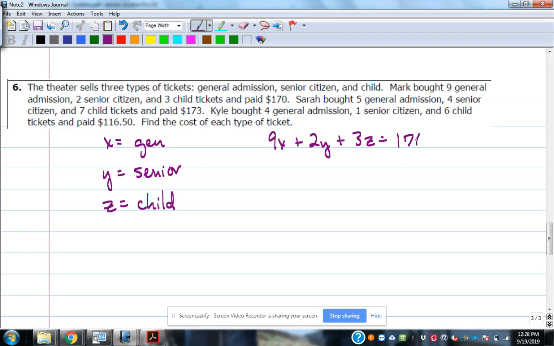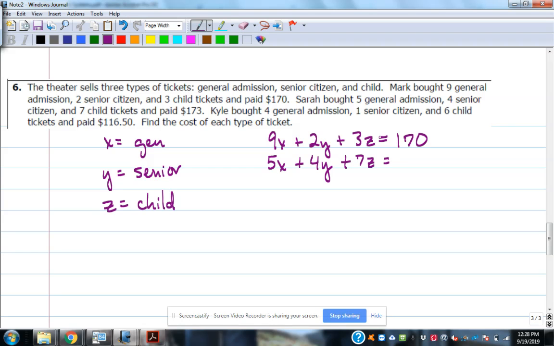Easy stuff. Second sentence, Sarah, what's her equation? 5x for general admission, 4y for senior citizens, plus 7z for the kids.